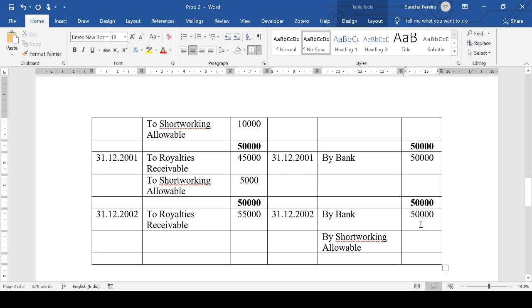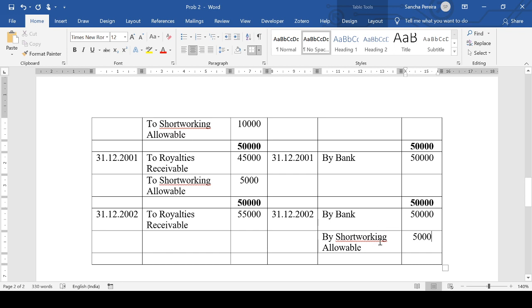And the remaining, how much has he allowed to be recouped? 5. So even though the royalties are 55,000, the entire 55 is not paid to him. 50 is paid and the 5 has been allowed to be recouped.